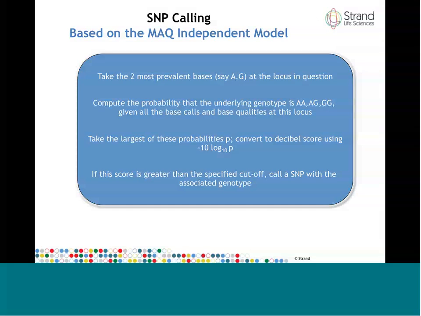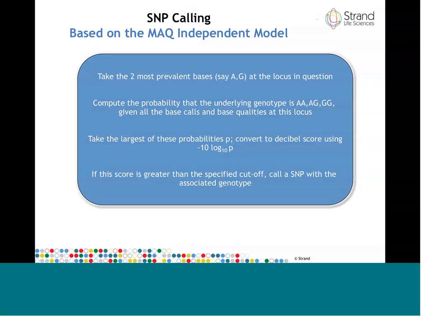And your candidate genotypes at this locus now are AA, AG or GG. So you compute a probability that the underlying genotype is indeed AA or AG or GG, individually for each of these three cases. The input to computing this probability is all of the base calls at that locus and the associated base qualities.